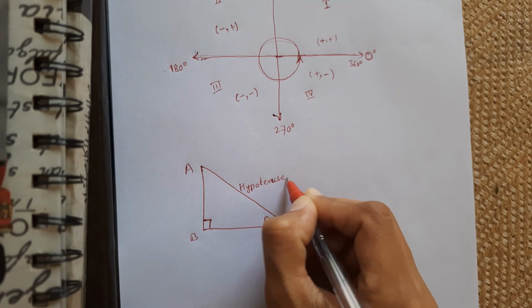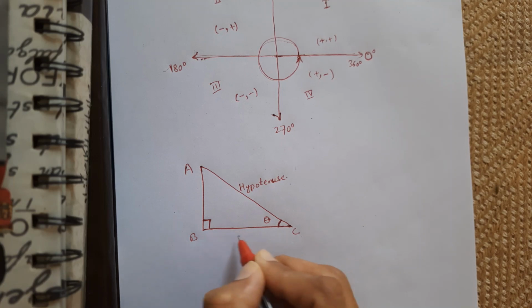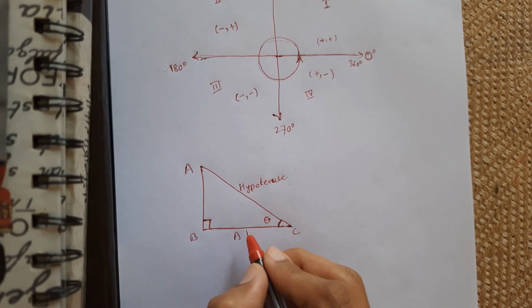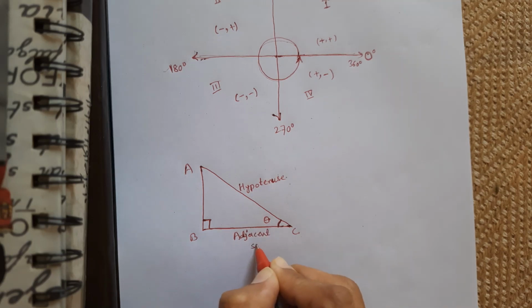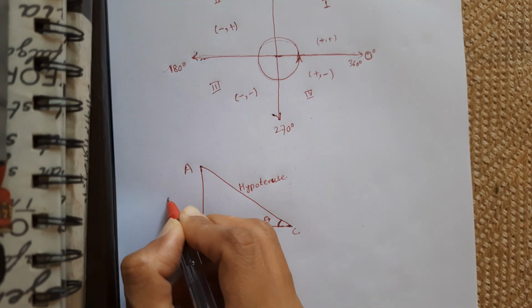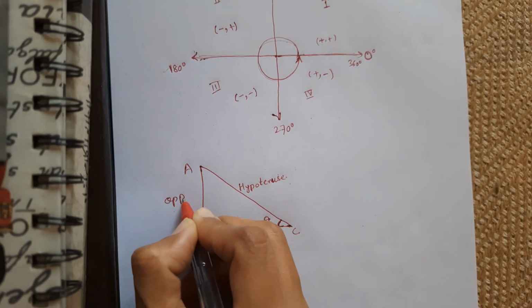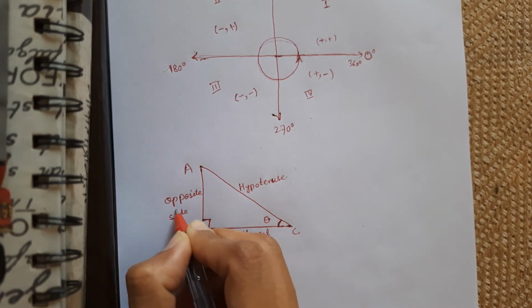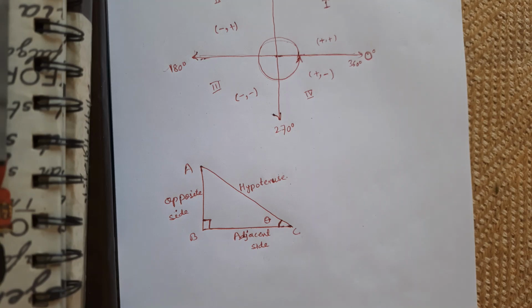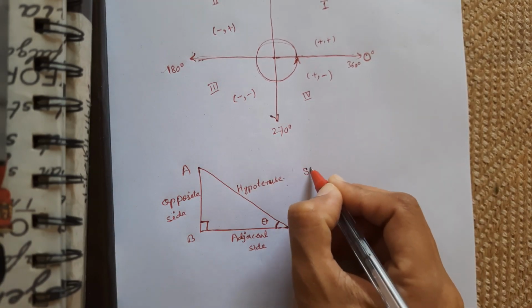This will be called the adjacent side because it is adjacent to the angle theta, and this will be called the opposite side because it is opposite to theta.